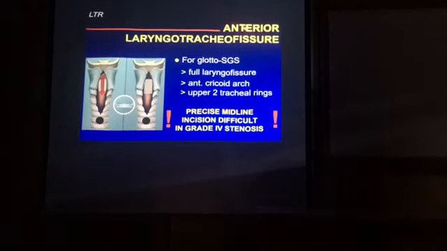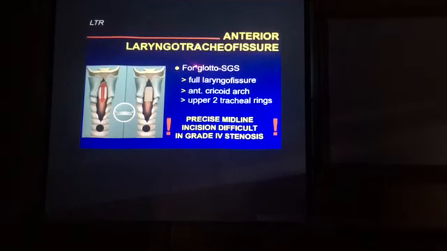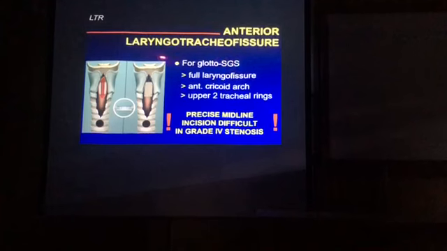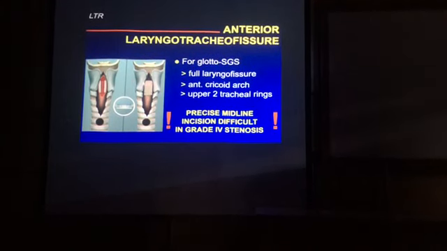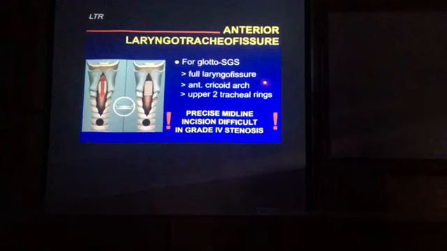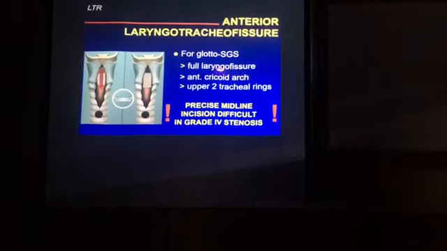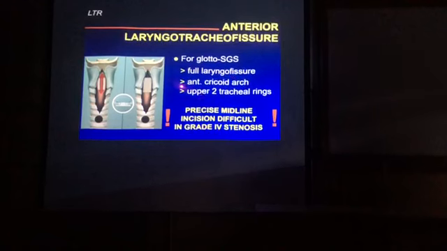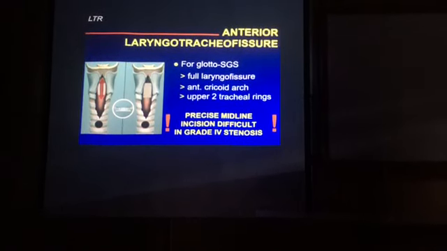So the anterior laryngotracheal fissure that you do is for glottosubglottic stenosis, not just for glottic problems where you stop at the mid portion of the thyroid cartilage. So you do your full laryngofissure as I explained, and you section the anterior cricoid arch and 1 or 2 tracheal rings to have a good exposure.